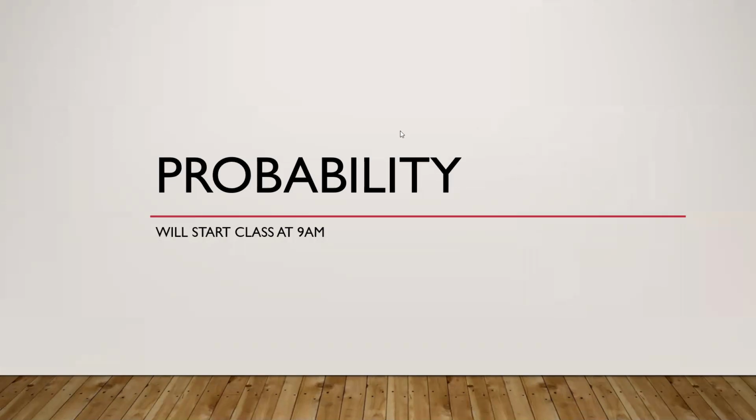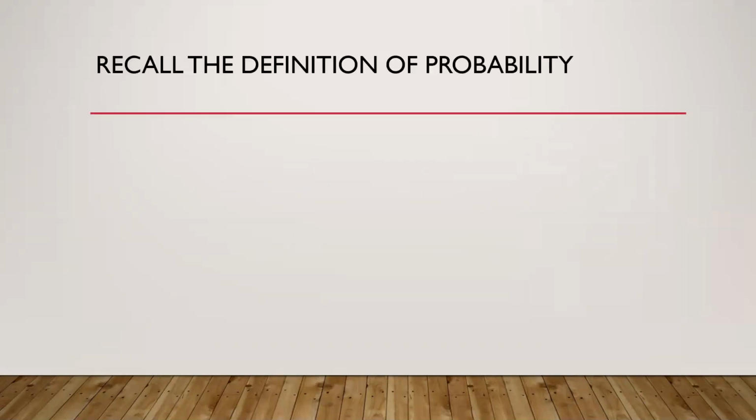So, probability. I want to start by recalling the definition of probability from your online lecture notes. We're interested in finding the probability of some event E. Event E is what we're interested in.